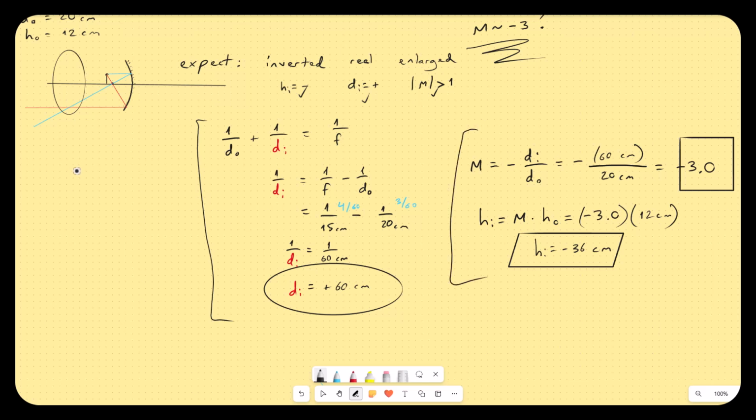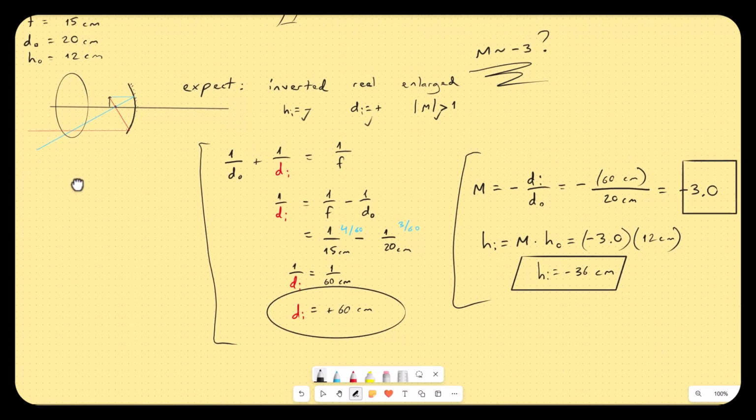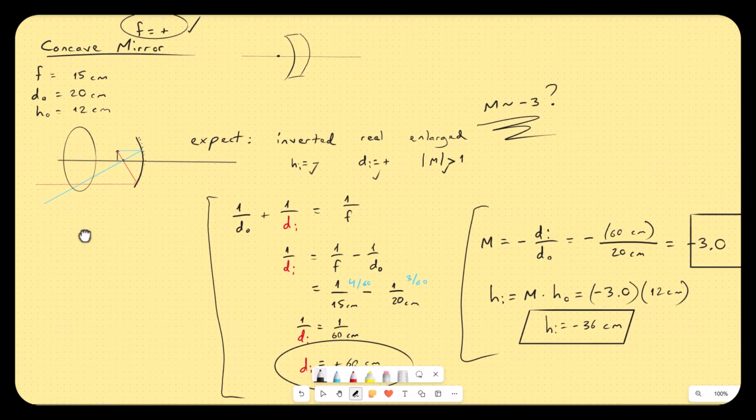If I'm doing a multiple choice test and I'm given this kind of situation where I've got a concave mirror, here's my focal length, here's my distance, and I'm given some answer choices like magnification is -3, magnification is -1/3, magnification is +1/3, magnification is +3. I can look at something like this.